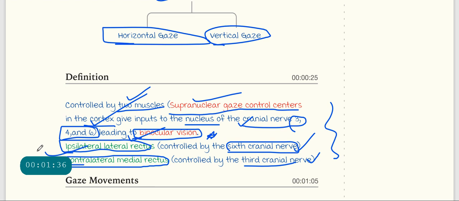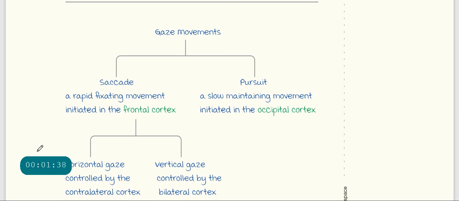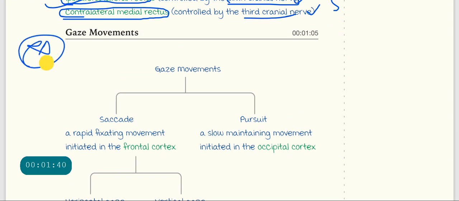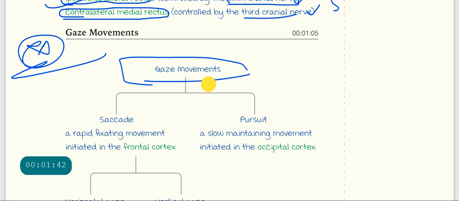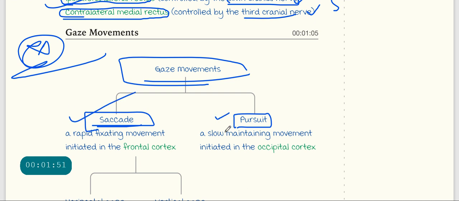Okay, now the gaze movement, the most important topic. Gaze movements are of two types. These are saccade and pursuit. Okay, so saccade gaze movement and pursuit gaze movement. What is a saccade gaze movement? So a rapid fixating movement.